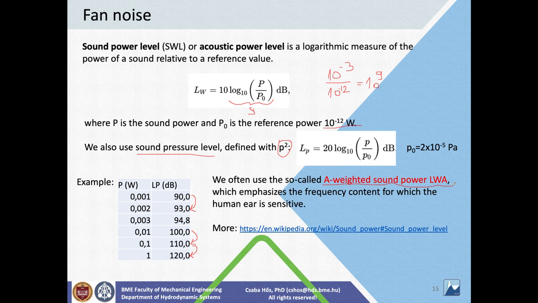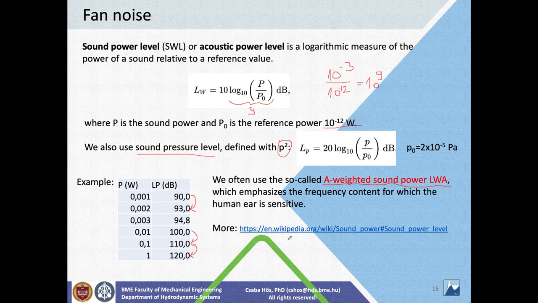Not all of these frequencies can be heard. So the A weighting is simply emphasizing that frequency range for which the human ear is sensitive. And then we denote it by LWA. You can read more about this on Wikipedia.